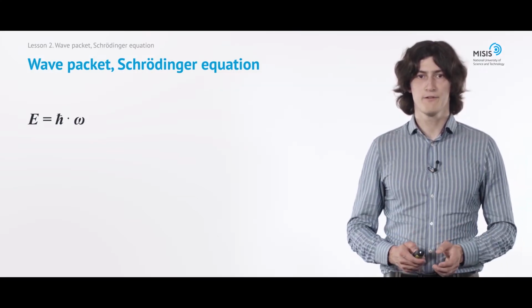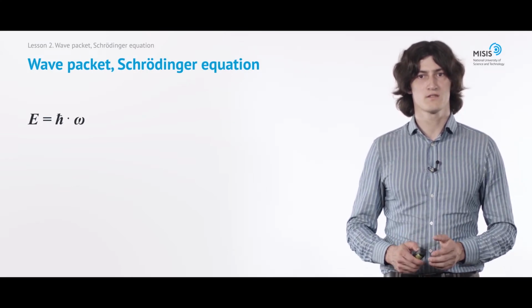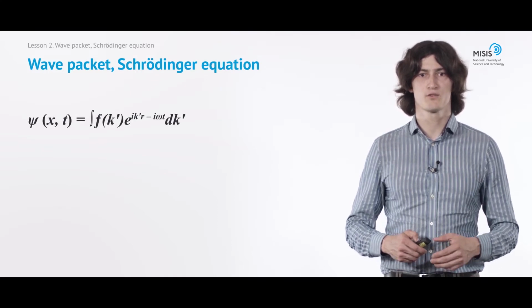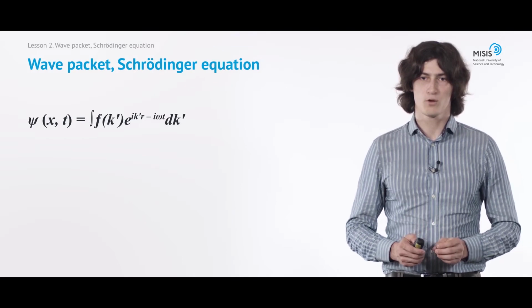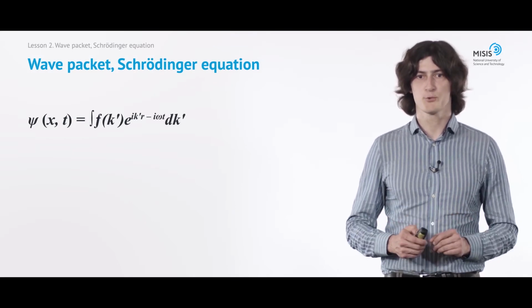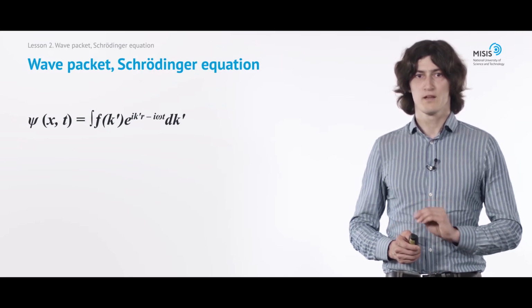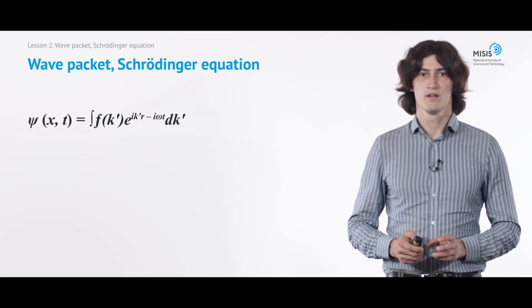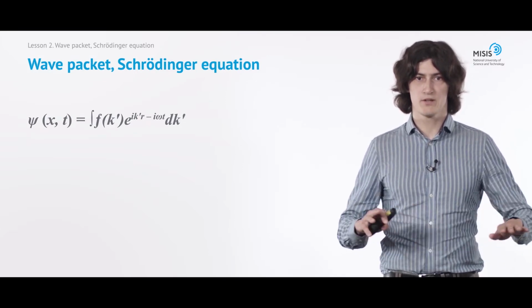The monochromatic wave evidently does not satisfy this condition, since it is uniform in the whole space. One may realize it by superposition of plane waves with different wave vectors. So, let's form a wave packet out of waves with wave vectors close to some k. Namely, f of k' has a sharp peak at some k and is equal to 0 in the remaining region.